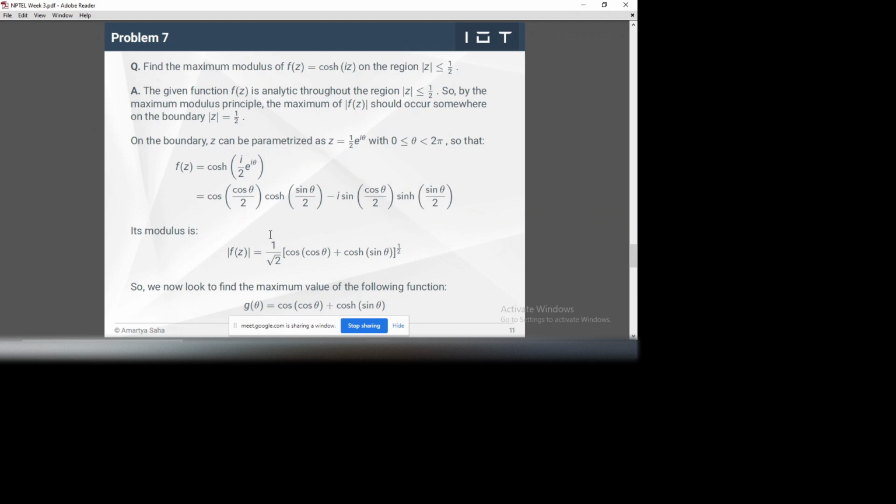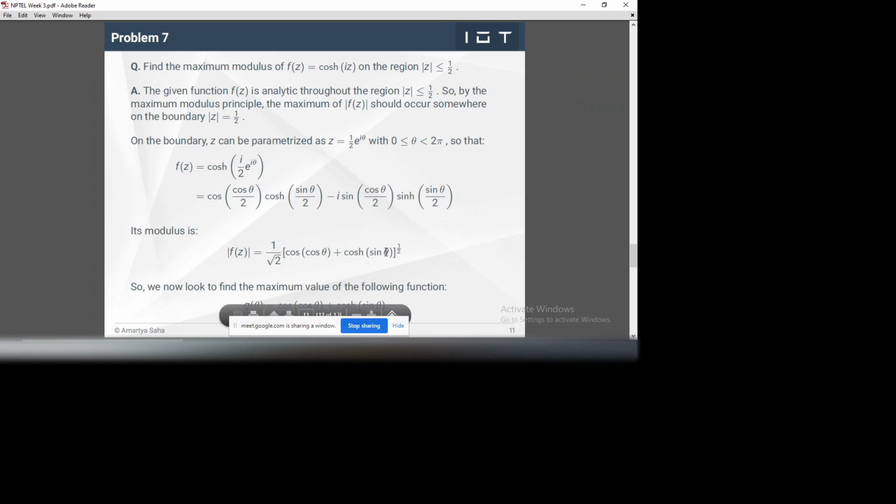Now further we note that g(theta) is equal to g(pi minus theta). This is another property of this function. If we put pi minus theta, we get minus cos theta, but cos is an even function, so nothing changes.